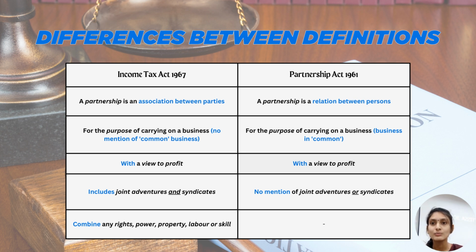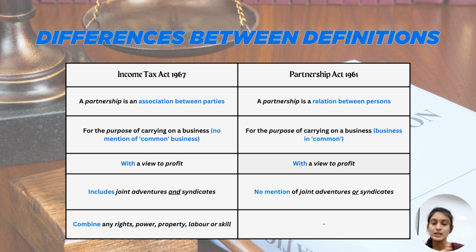Actually, both sections have the purpose of carrying on business, but the key difference is, under the Income Tax Act 1967, they never mention a common business, which means the parties can have different businesses, but the purpose is just carrying on a business.